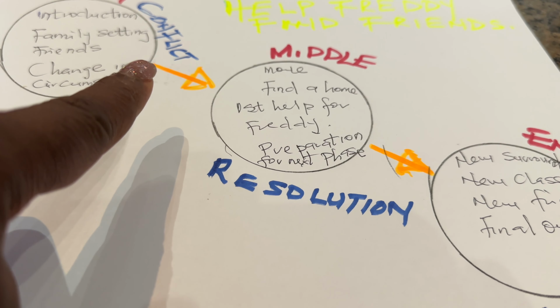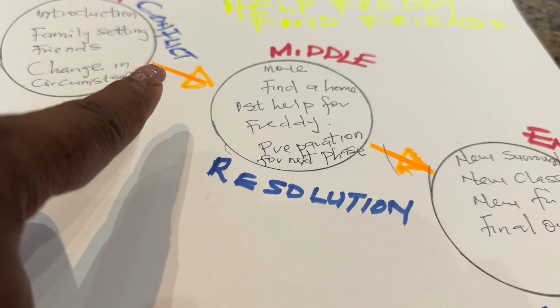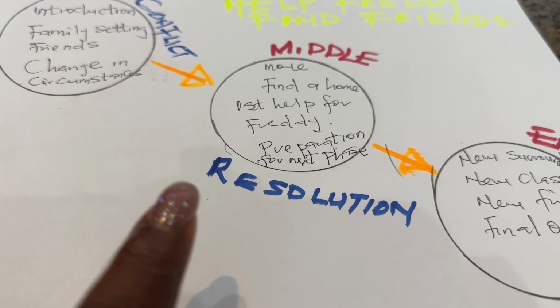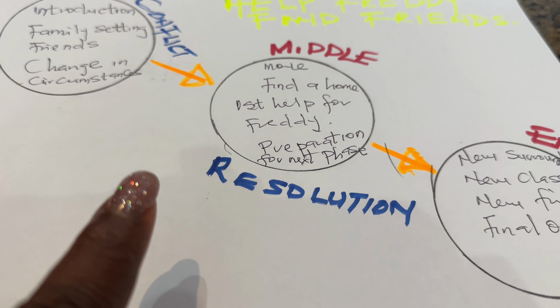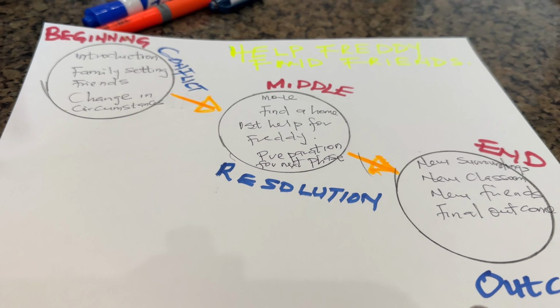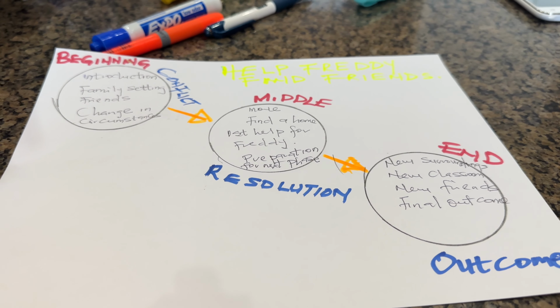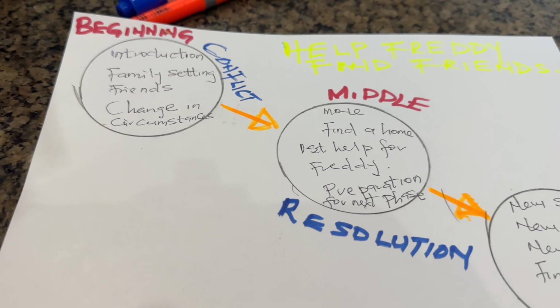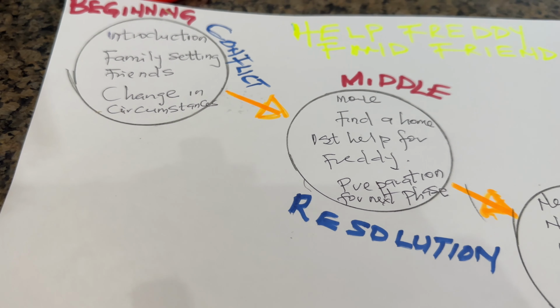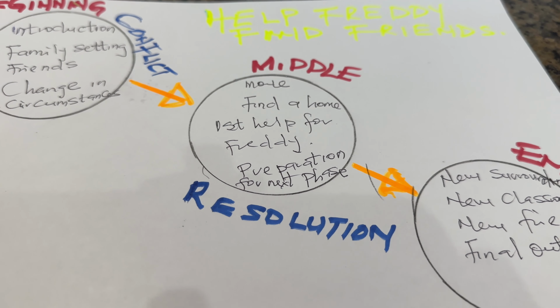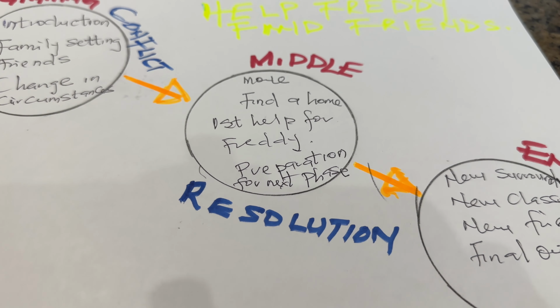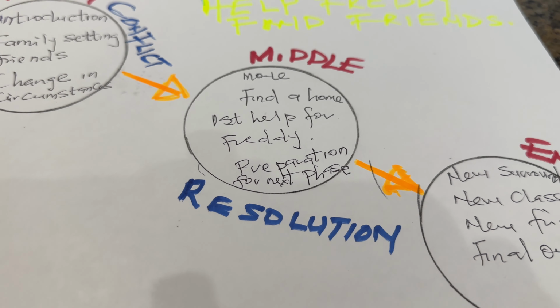Usually the conflict starts somewhere at the beginning, and as I make my way to the middle of the book, I should start getting some form of resolution here, creating some form of excitement as I achieve the final outcome. So that is what it looks like. I've scribbled a few things in the circles to help me know what to do as I start creating the events that happen in the story.